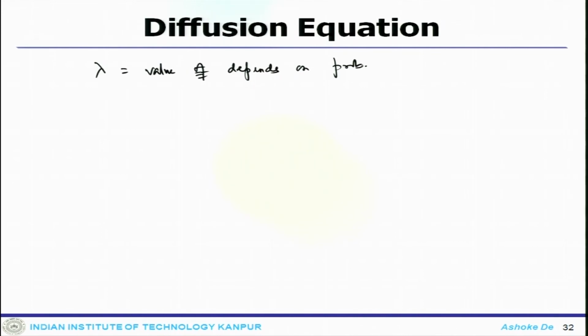The factors which affect lambda values include the type of problem solved, the size of the equation system, that means the number of grid points, degrees of freedom, grid spacing, and the iterative procedure. All these are the issues involved in choosing the value of lambda.